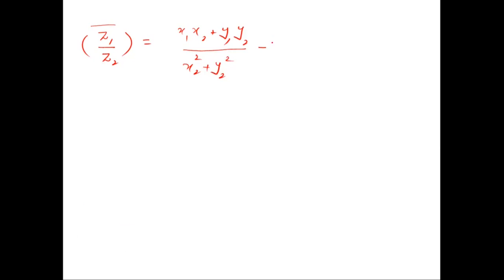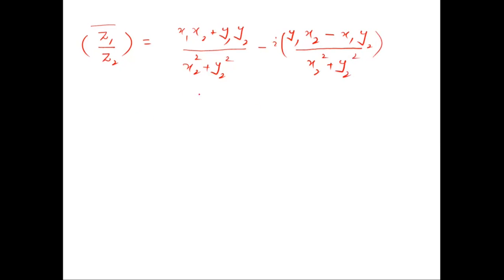Iota becomes minus iota, y1 x2 minus x1 y2, divided by x2 square plus y2 square, like this.